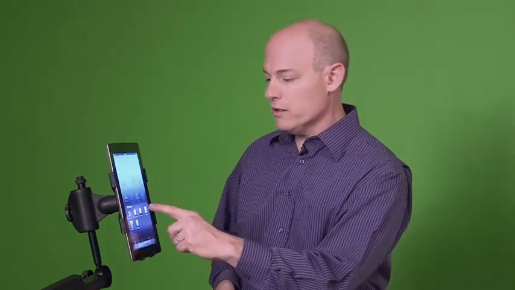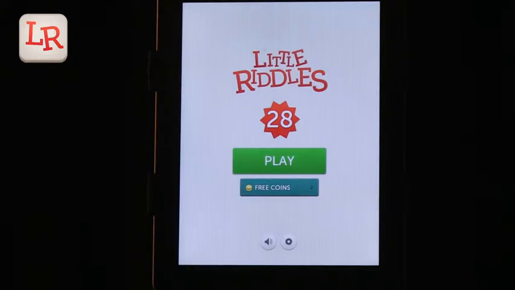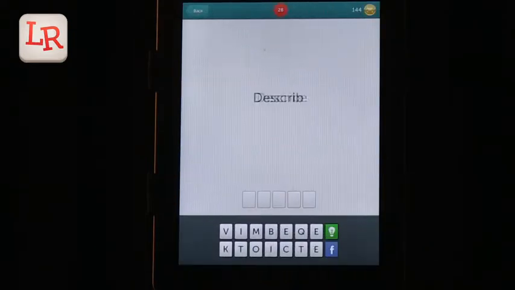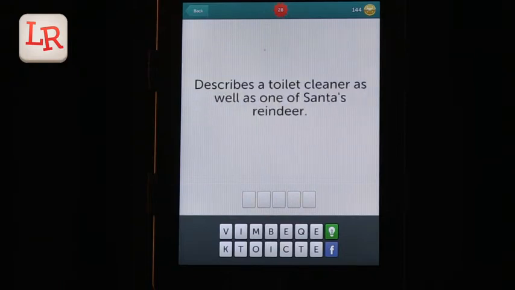The next one I want to talk about is called Little Riddles. It is very similar to the one that we had with pictures, but this time it uses the same concept with clues. These are 2 clues that are connected, and you have to come up with a word that describes both.